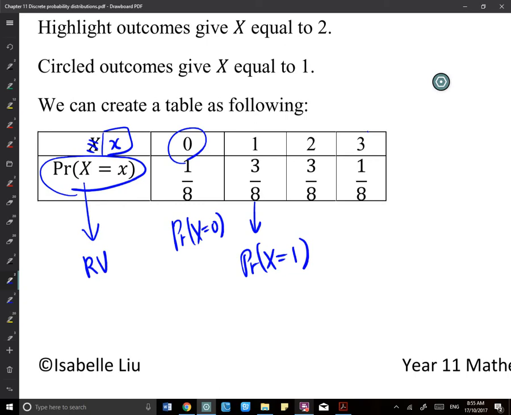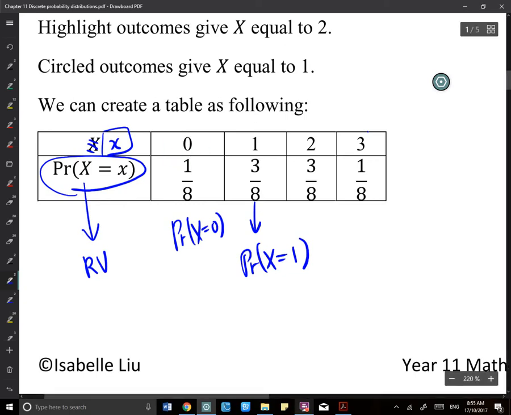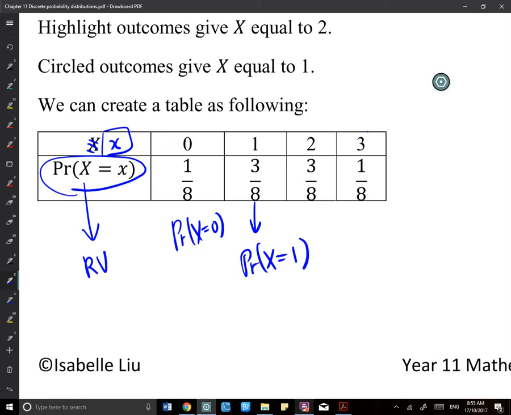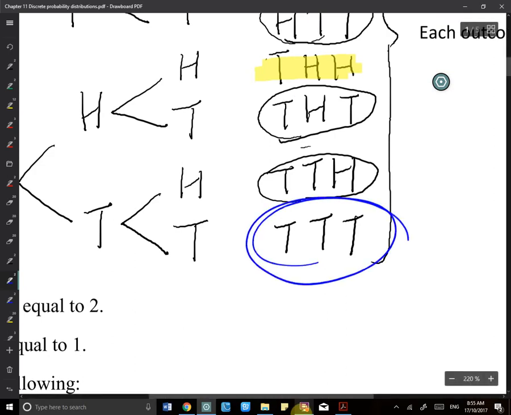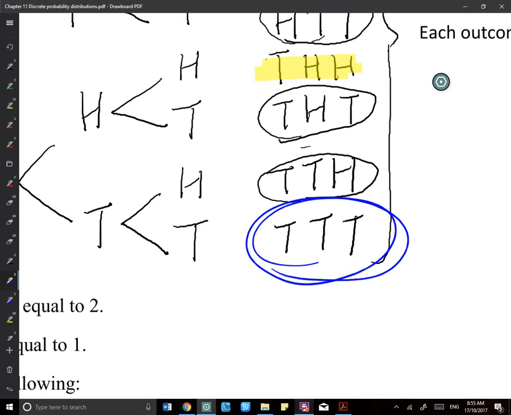All right, how do we find 1 on 8, 3 on 8, 3 on 8, and 1 on 8? 0 means there's no head in the 3 tosses. Which one has no head? This one has no head. So what's the probability of that happening? It's 1 on 8. 3 tails is 1 on 8.